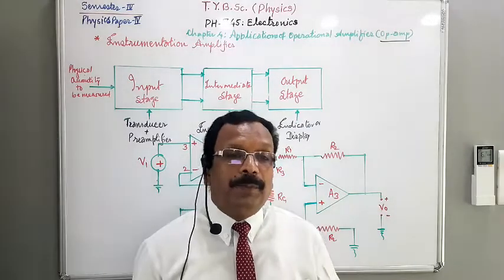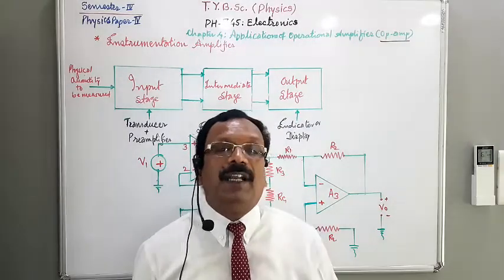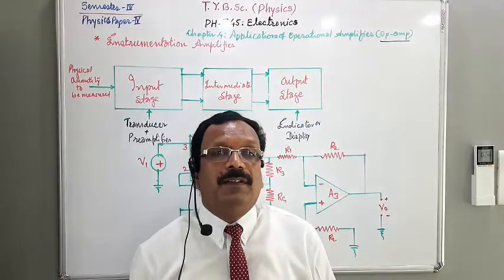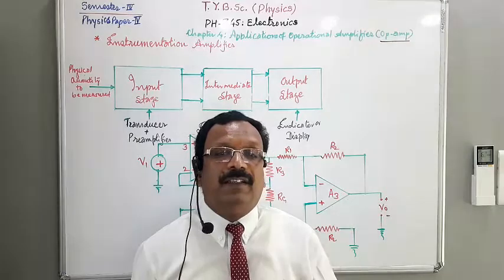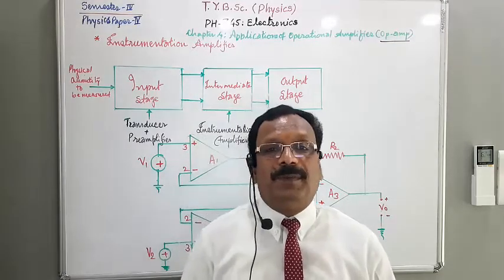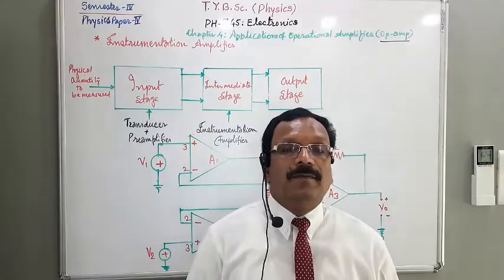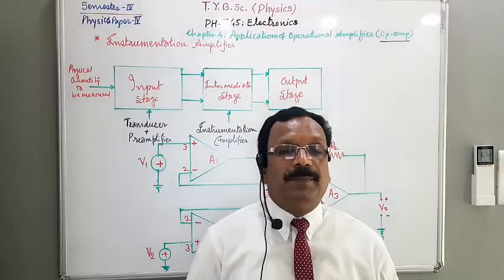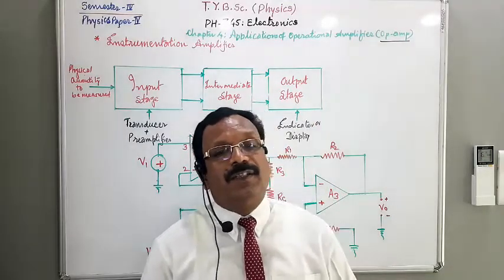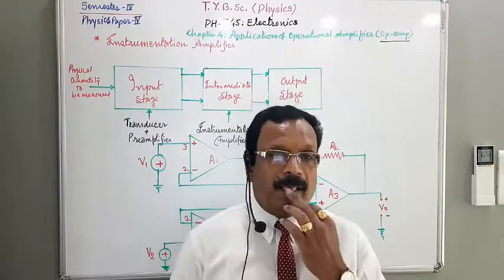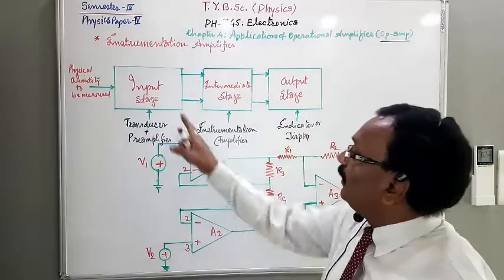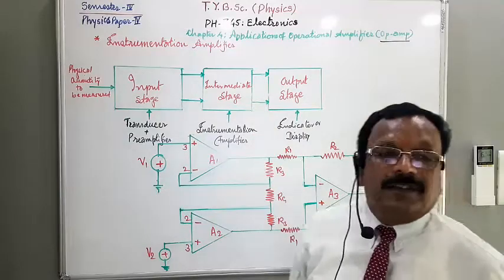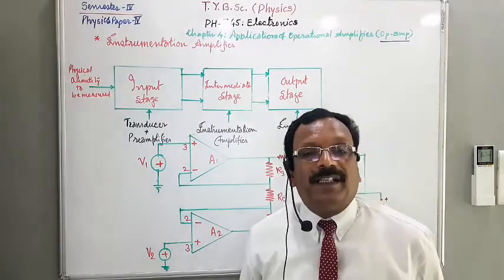Before knowing the definition of a transducer, first of all we are going to study the block diagram of the instrumentation amplifier, and then we are going to study the definition of transducers and preamplifiers.